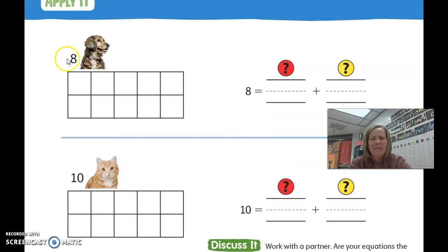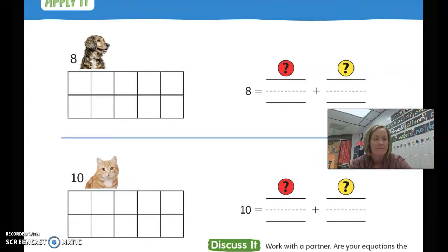All right. What's that number up here by our dog? It's 8. Nice job. So you need to show me a way to make 8. So put some red, some yellow. Make sure you only put 8. All right.